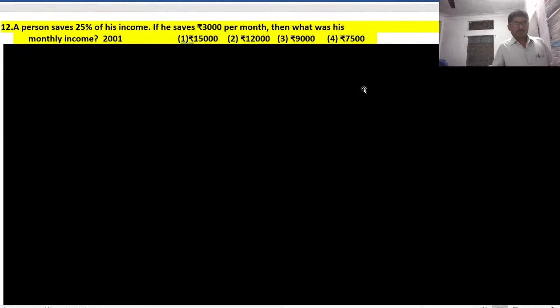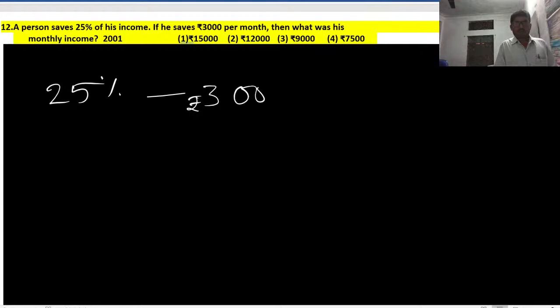Question number 12. A person saves 25% of his income. If he saves 3000 per month, then what was his monthly income? 25% of income is 3000 rupees. So 100% of his income, how much?